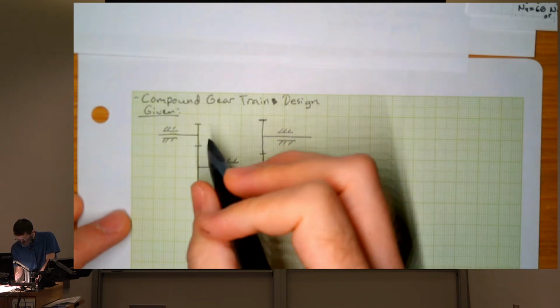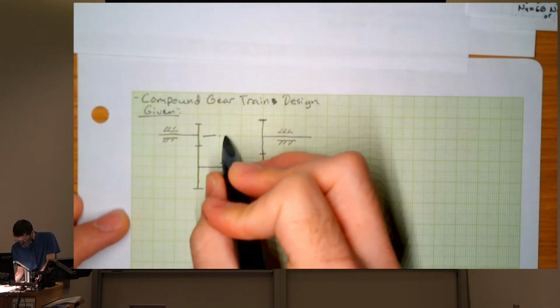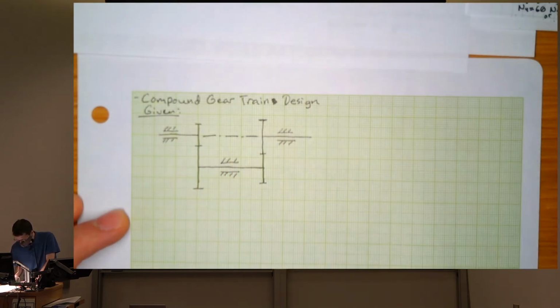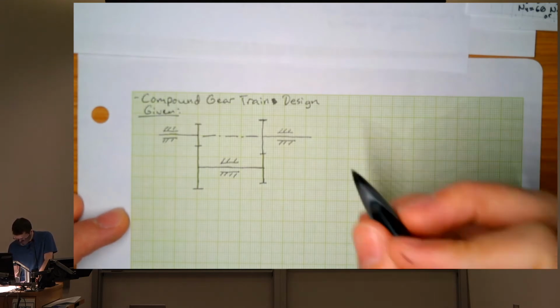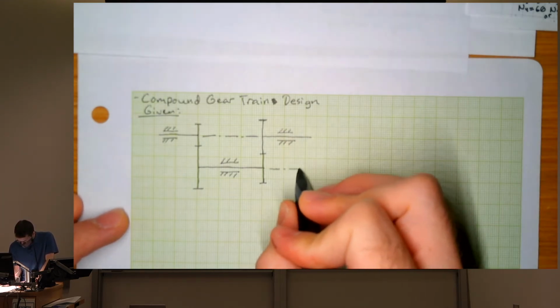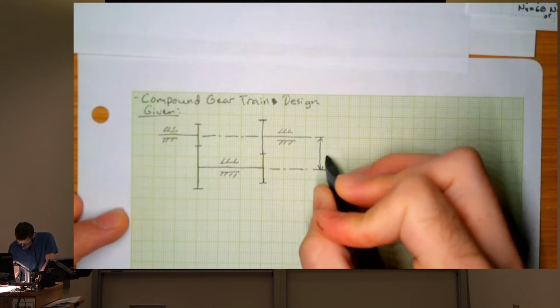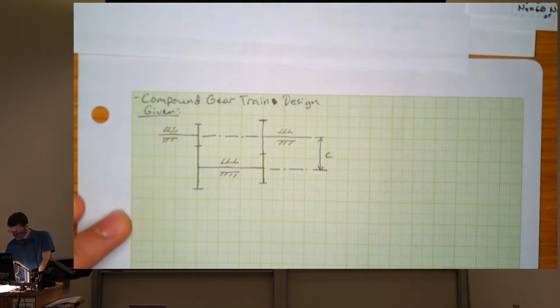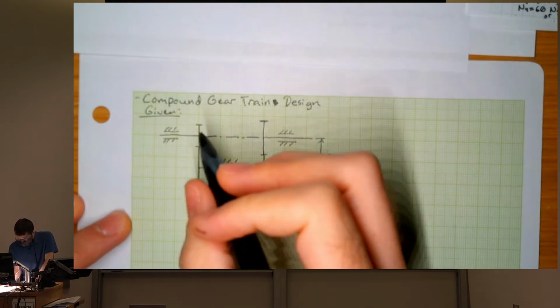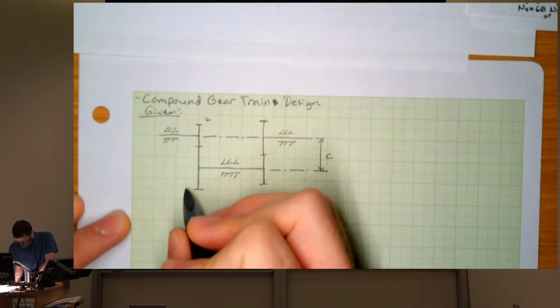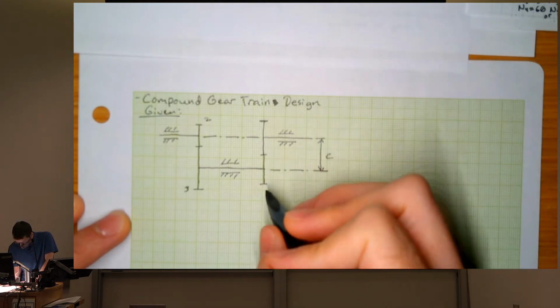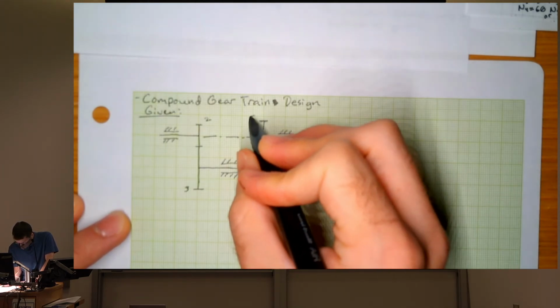And we're going to number these gears. Oh, one thing to mention as well is that these shafts are collinear, the input and the output shafts. And they're some distance apart. That distance is often labeled C. And we're going to number our gears. This is gear 2, this is gear 3, this is gear 4, and this is gear 5.